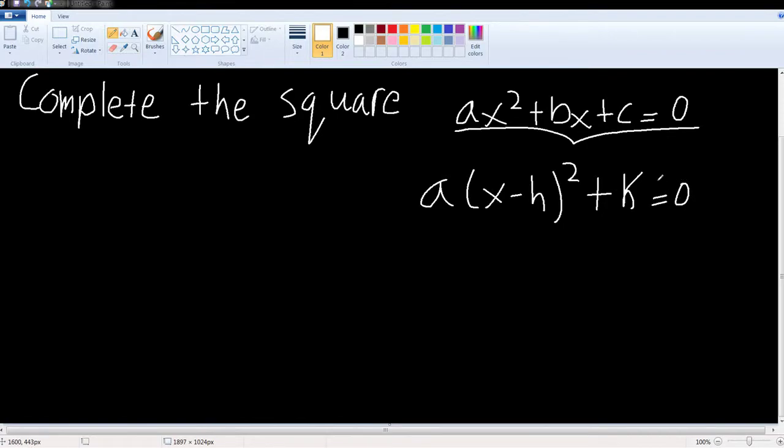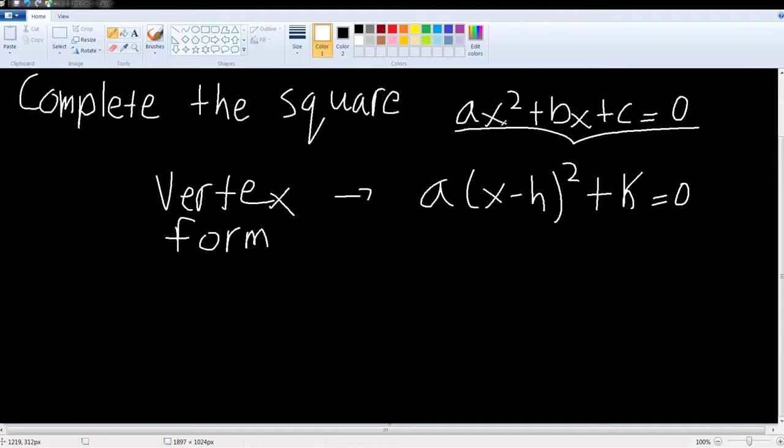So you're probably asking me, well, Cavell, what's the point? What is this vertex form? So this is the vertex form. And I will go over why this is important and why this is relevant. So in the vertex form, the vertex is read off the equation very easily.